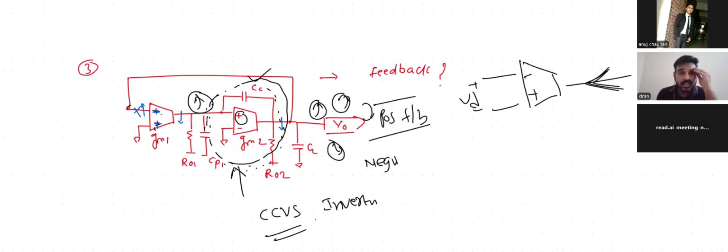It has to sense the current. Okay, fine, that I got. But is this inner loop positive or negative feedback? Can you see it? The inner loop is in positive feedback. So the sign should be changed. Yeah. So now let's change the sign.